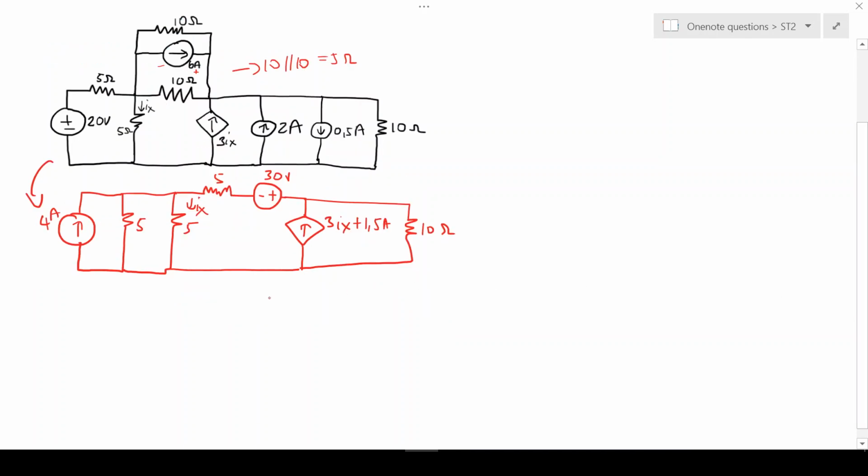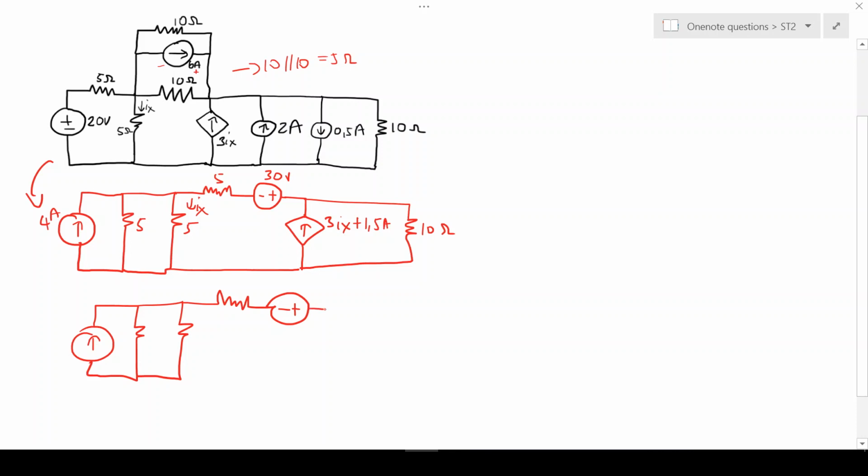Okay, next step would be for us to convert this to a voltage source so that we can add it in that branch. So we'll still leave this part of the circuit as is, as well as this part of the circuit.